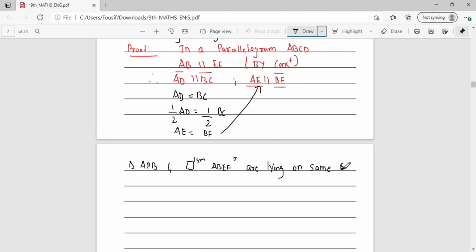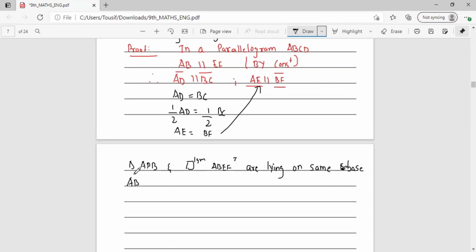Which is your base? You can take it as EF as well as AB. We'll not go with EF, we'll go with AB itself, because the triangle's base is AB, right?